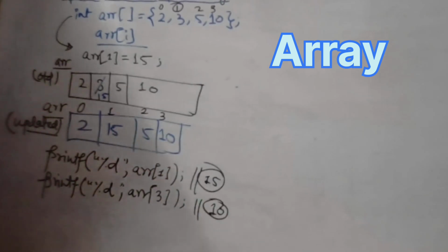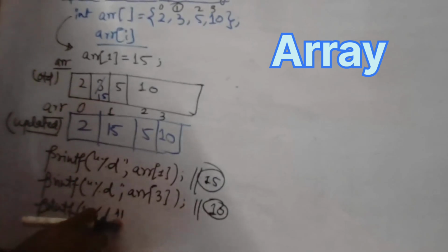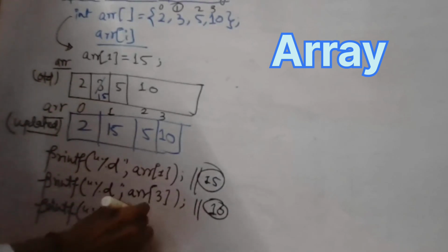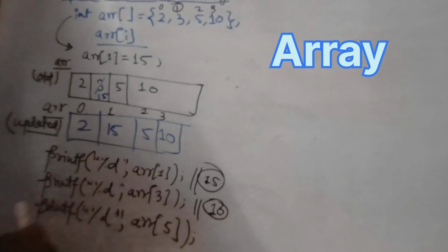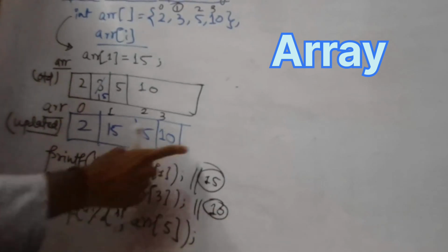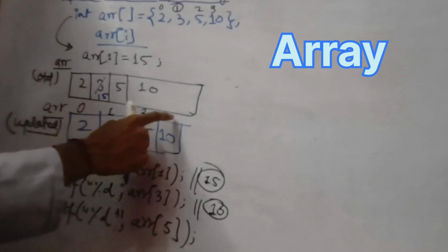So what will happen if we want to access outside of this array? Let's say we print %d with array of 5. But you should notice that in this particular array, the index goes only up to 3.